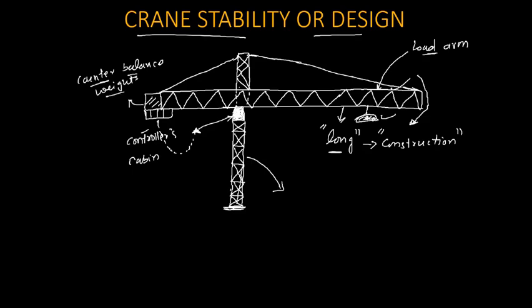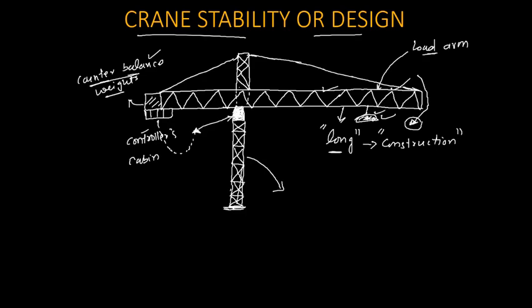And now we have two moments applied to the crane. One is applied by the load and one is applied by the counterbalance weights. These counterbalance weights cater for the moment produced by the load arm and the load also.